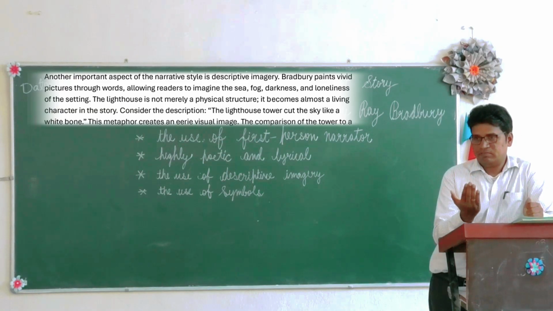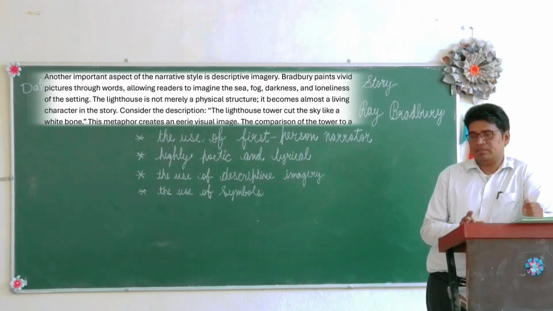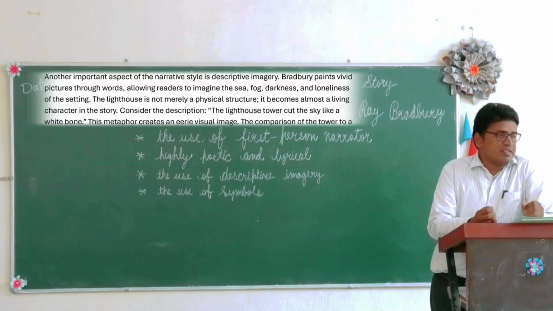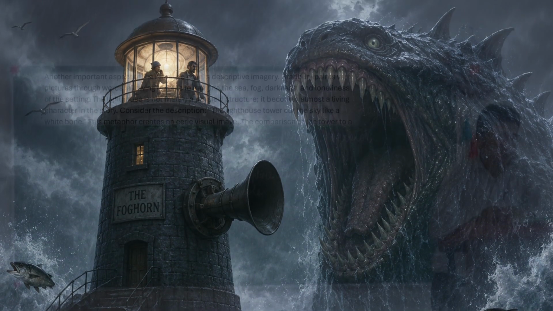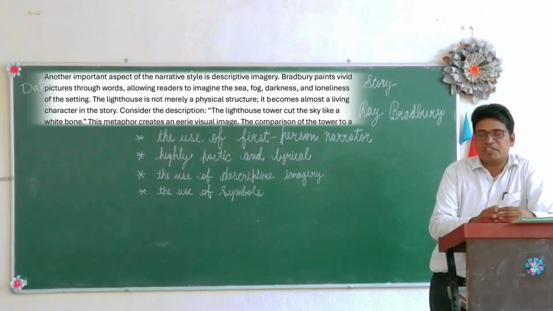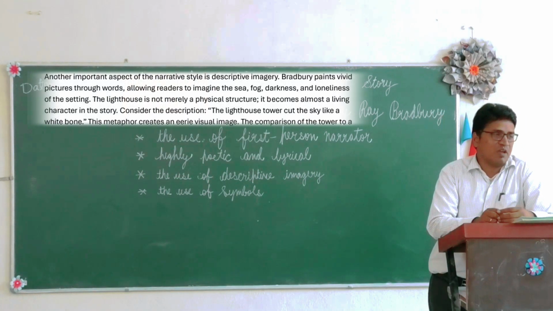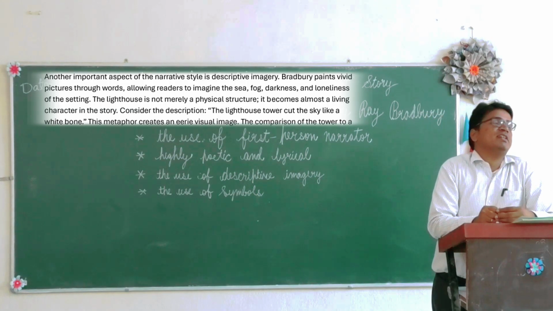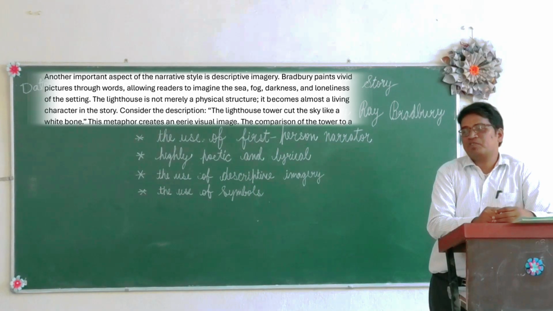When we read the way the lighthouse has been described, we start feeling as if the lighthouse is a living creature. It is not a mere mechanical thing, a physical thing situated in the midst of the sea, amidst the chaos of the ocean.